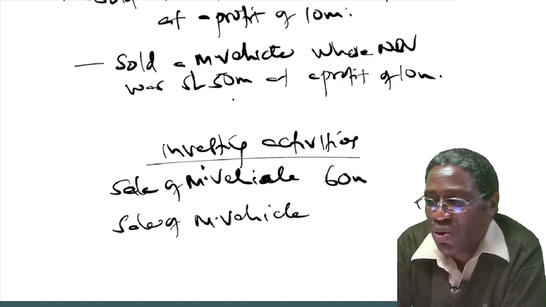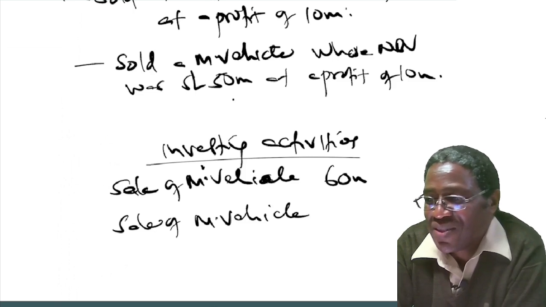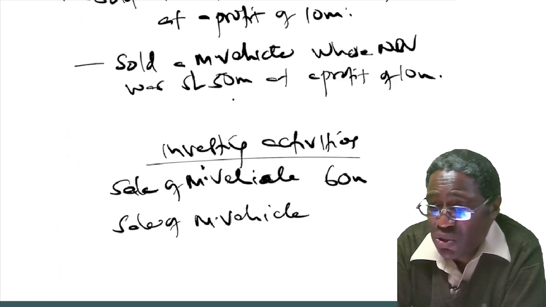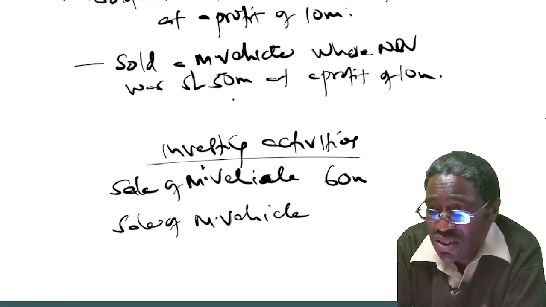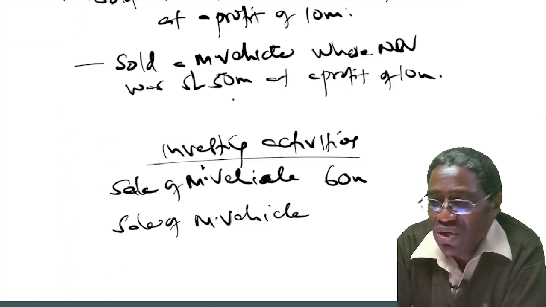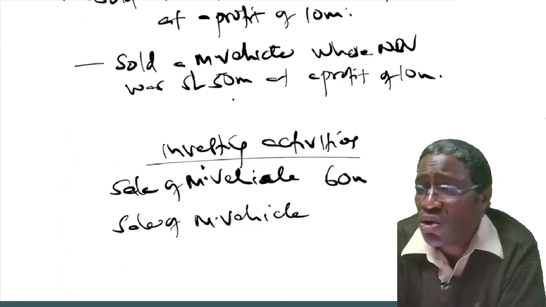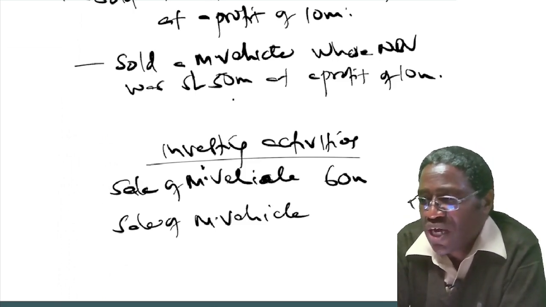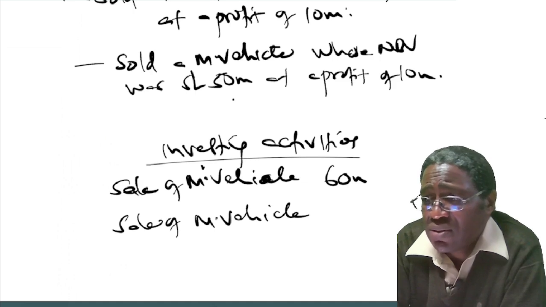I want to hear one more opinion. In the second one, most of the people said 60 in the first one. What about in the second one? If you are told during the year the company sold a motor vehicle whose net book value was 50 million at a profit of 10 million, the company must have sold the motor vehicle for how much?